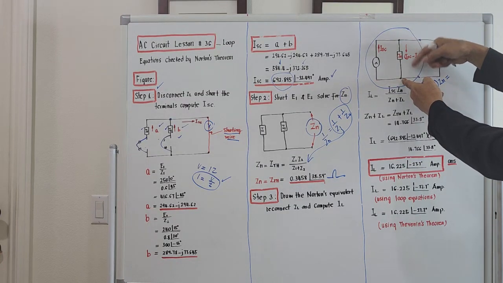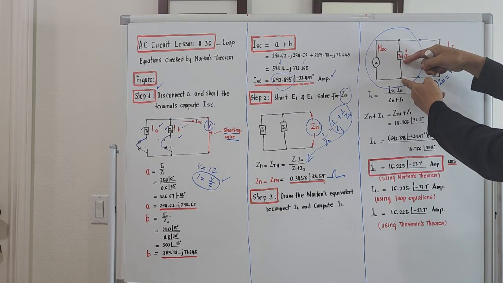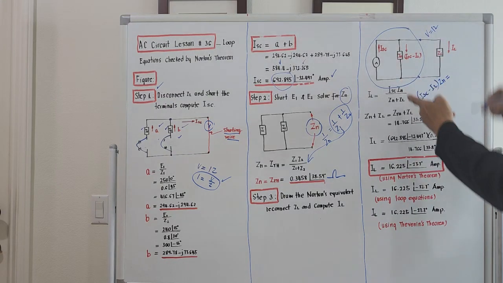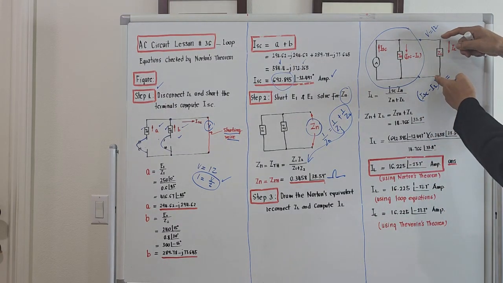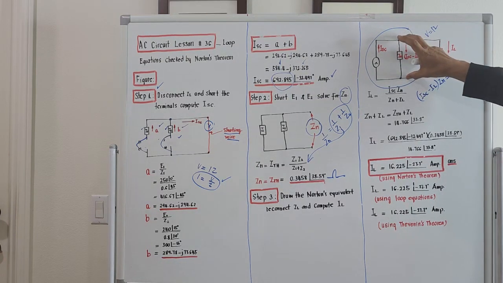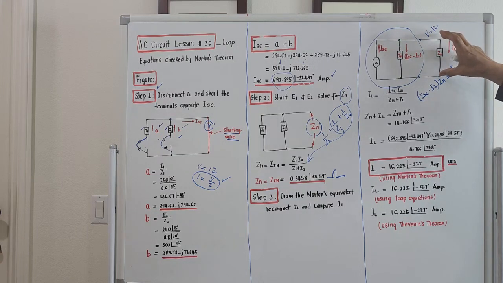It's the current going in times the value Z sub N, using the equation voltage equal to IZ. And the voltage across Z sub L should be equal to I sub L times Z sub L. We equate the voltage here to the voltage across the load.